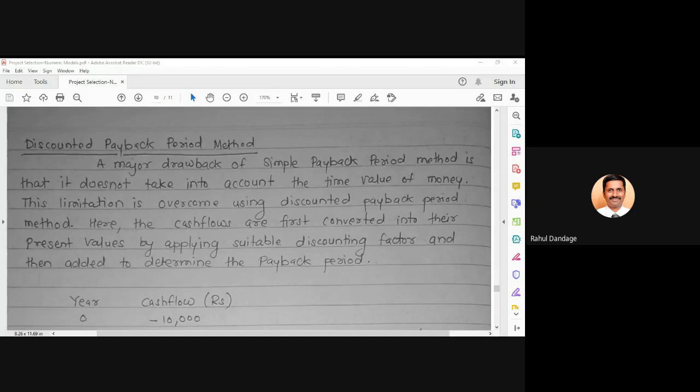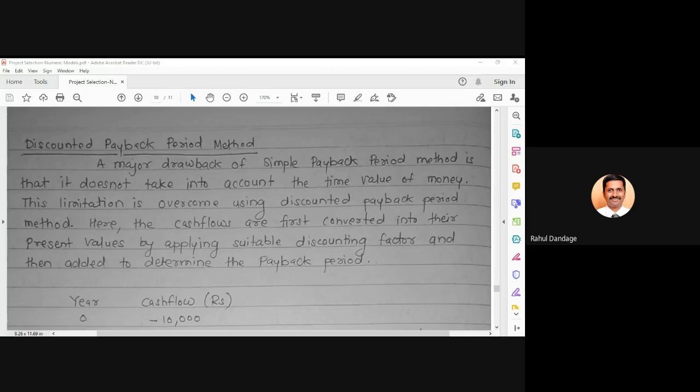That is the only area of concern. Based on this, we compare the projects, and the project which gives the investment back in the least period of time, we select that project.